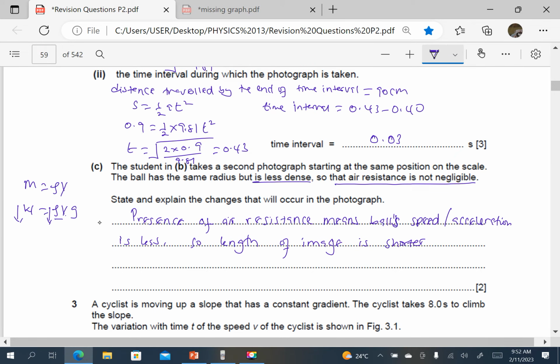So if we take the image in the same time interval, the ball is now moving slower. It is moving slowly because of air resistance. Then the length of the image is going to be shorter because the presence of air resistance means that the ball's speed or acceleration has reduced.